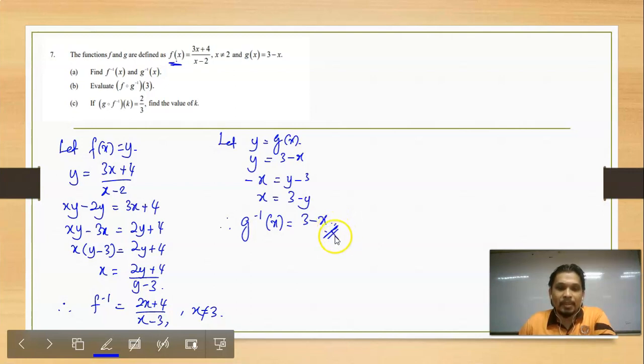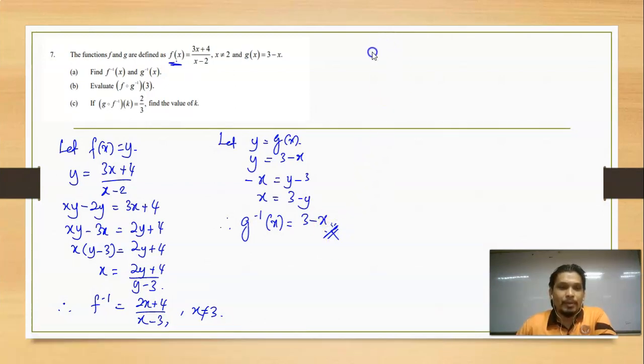Now evaluate f of g inverse, where x equal to 3. g inverse we have found earlier, which is 3 minus x. Then substitute the value of x with x equal to 3 here.